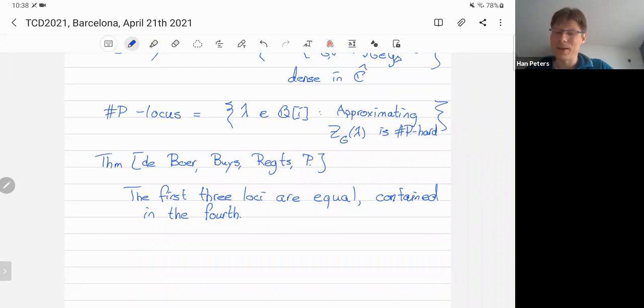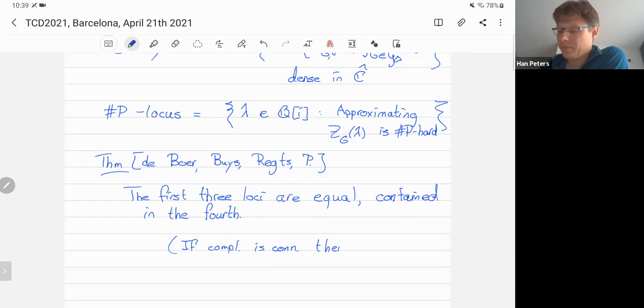We don't know. If we could prove that the complement is connected, so if there's just 1 0 free component, and it sure looks that way, and we have heuristics to suggest that it really is connected, then you always also have equality with the 4th.